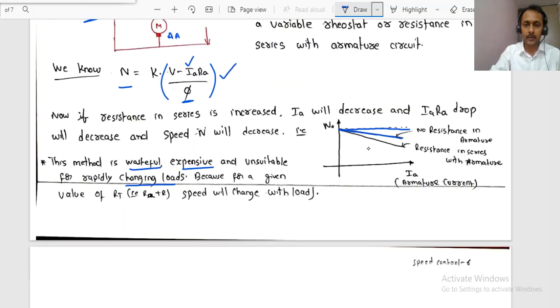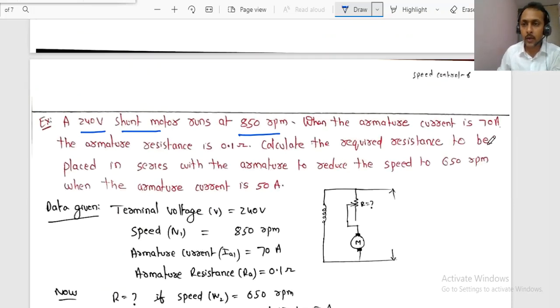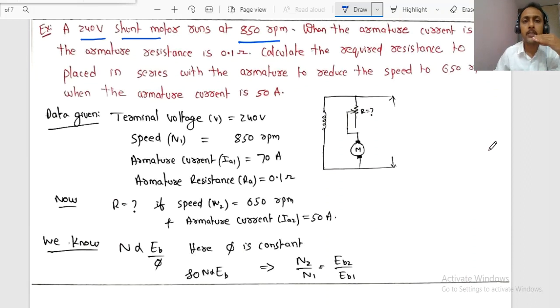Clear? Right. Now let me observe one example so that we will understand in a better manner. A 240 volt shunt motor runs at 850 RPM. Shunt motor, 240 volt, when the armature current is 70 amps, armature resistance is 0.1 ohm.